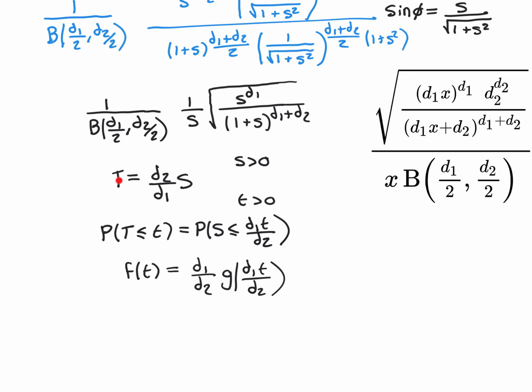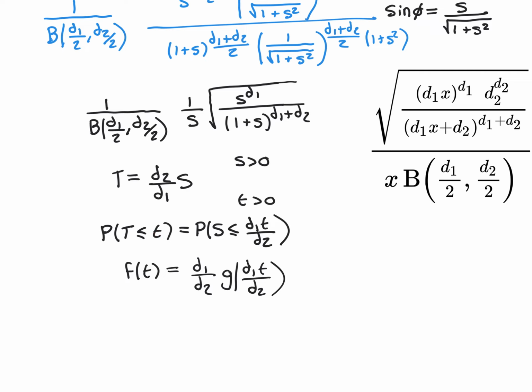If you plug in little t here, you can find the little s that corresponds to that little t, just by multiplying by d1 and dividing by d2, and then all the values of s that are smaller than that will give even smaller values of t, i.e. in this range here. So we're actually wanting the probability that the s random variable is less than or equal to d1 times t over d2.